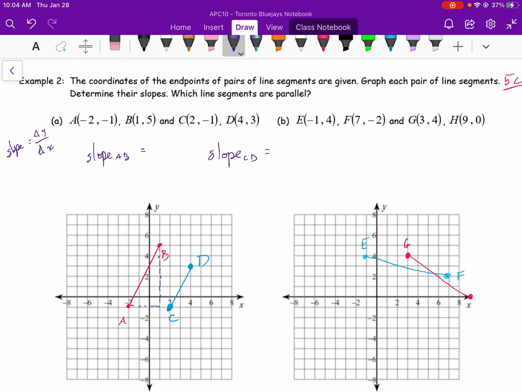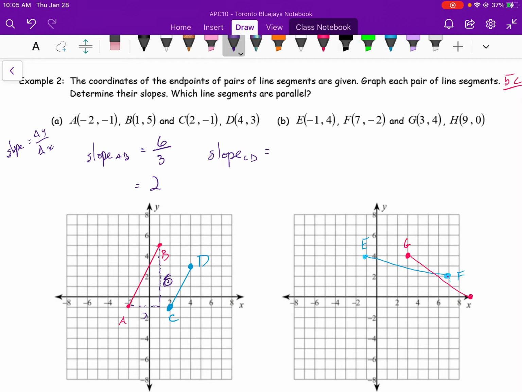The y coordinate goes from -1 to 5, so that is an increase of 6 in y, so it's positive 6. For the x coordinate, I go from -2 to 1, so it looks like a change of 3. So my slope of AB is 6 over 3.